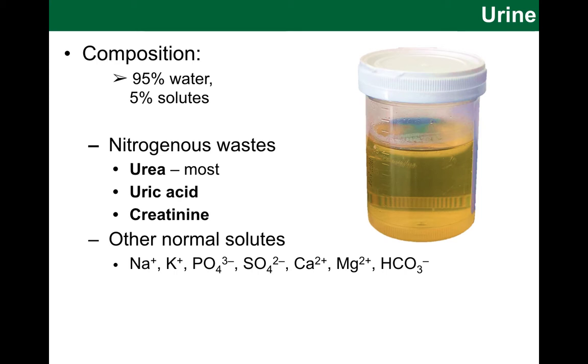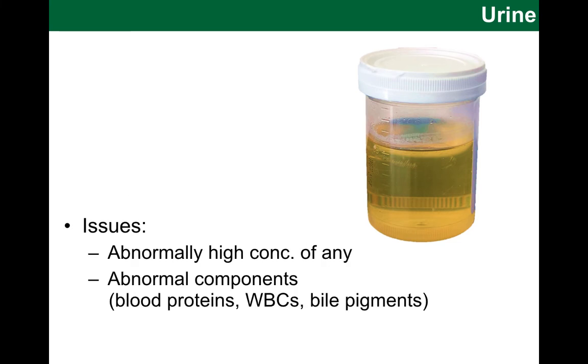Of course, there are a lot of other solutes, which I have provided to you as a list here. The pH of urine is normally about 6.0, and of course, we can sometimes have more diluted and sometimes more concentrated urine, depending on certain factors. What is probably quite interesting and definitely important for us is to consider what should not be in the urine.